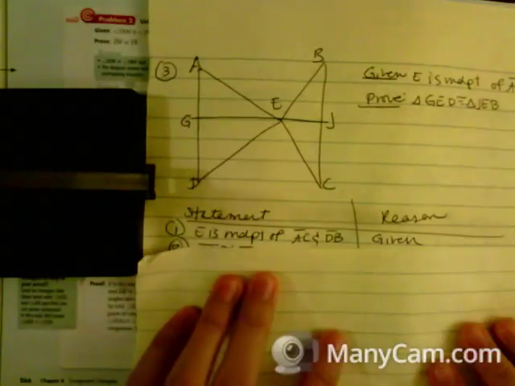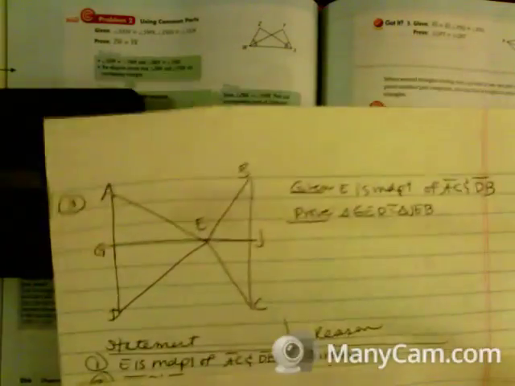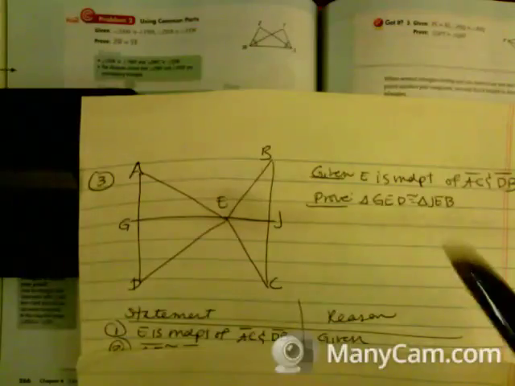Alright, let's move on to problem 3. We are given these two triangles.